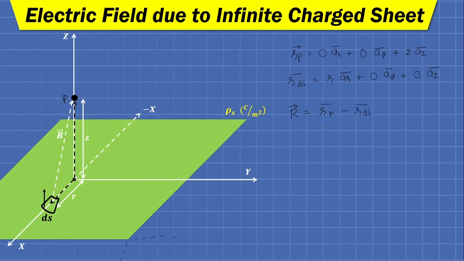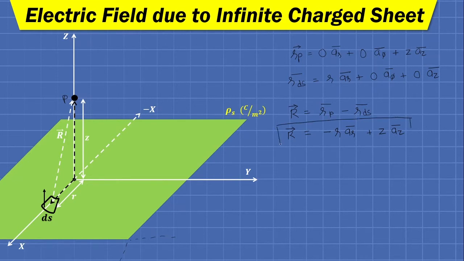So we will subtract the position vector of ds from the position vector of point P. So doing so, we will have minus r ar bar plus z az bar. So this is our distance vector R bar.